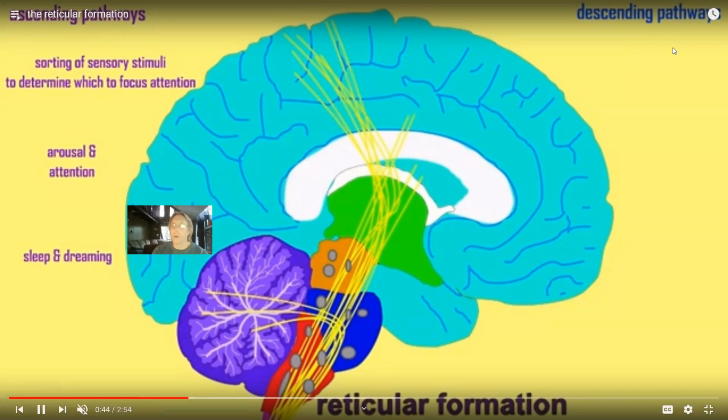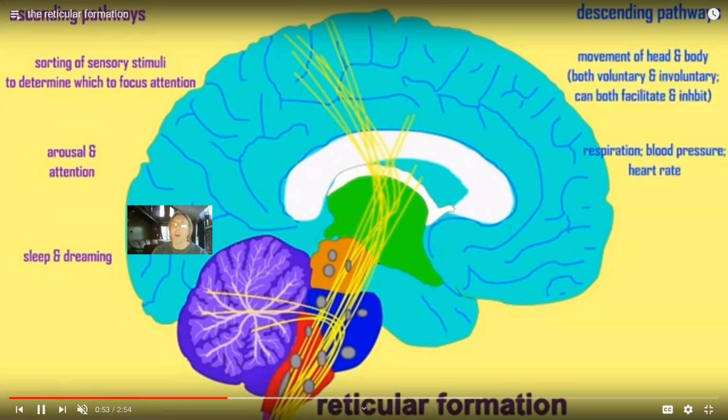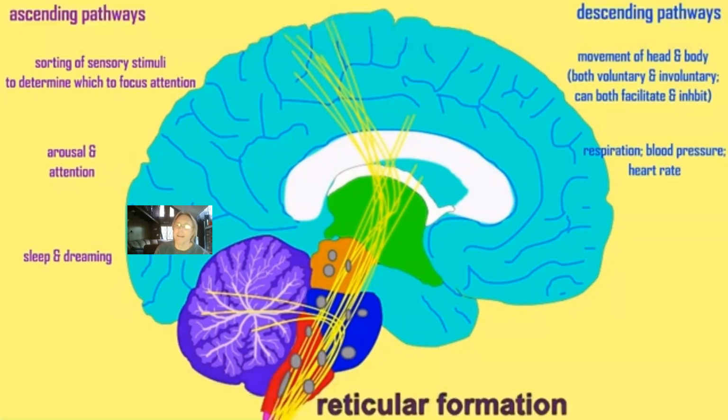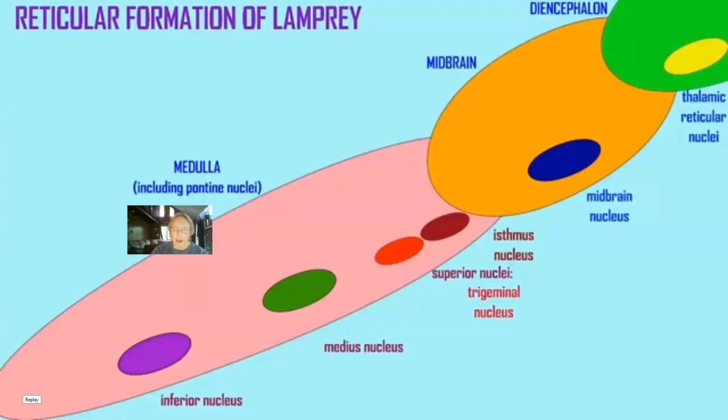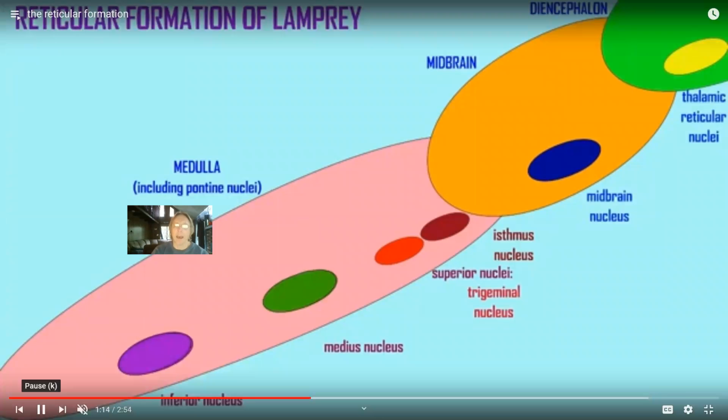There are also nuclei associated with descending pathways, which cause involuntary reflexes, resulting in movement of the head and body, and working on breathing, blood pressure, and heart rate. There are pain pathways, and autonomic pathways as well.